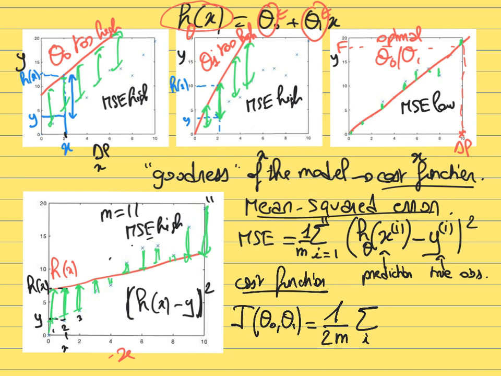So the sum of the square difference between your prediction applied over all the features i and the true observation. So this is the cost function that we are going to use in practice for linear regression.